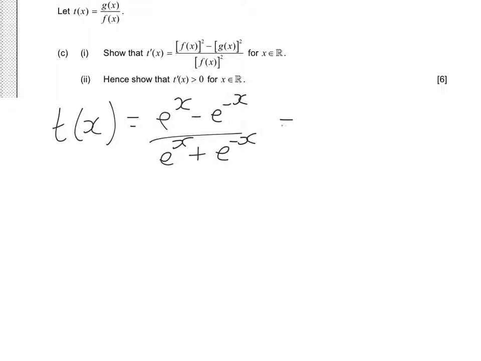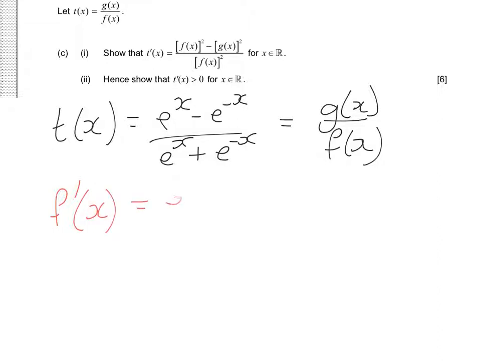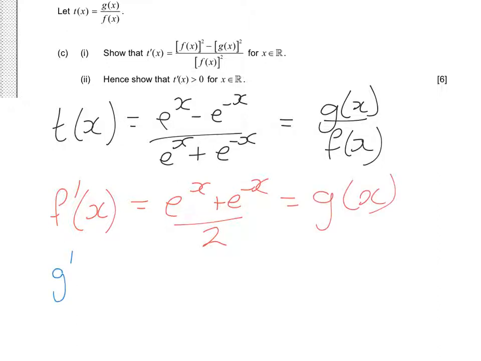But it's probably easier just to think of it in terms of g and f, because we have this property. If you differentiate f, you get e to the x plus e to the minus x over 2, which is g. And if you differentiate g, you get f.